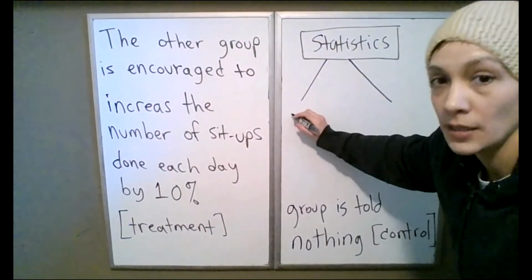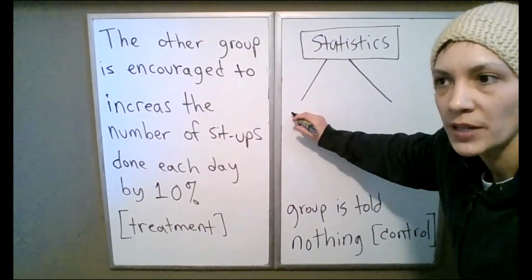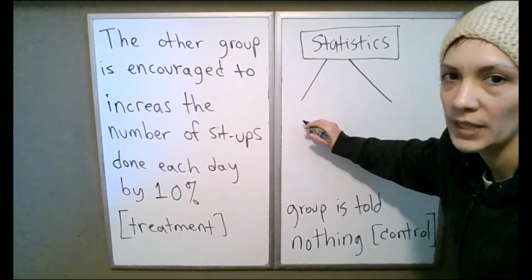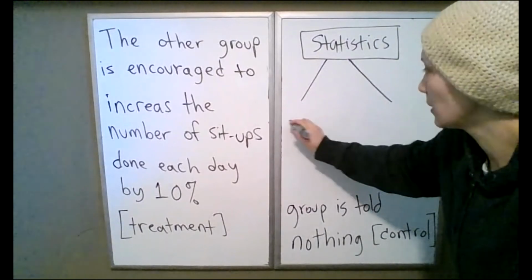There's descriptive statistics. That's where you know information from everyone in the population and you just describe what's going on with that group.